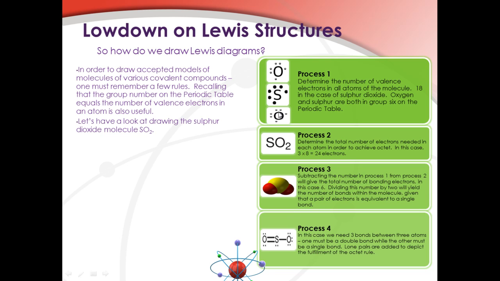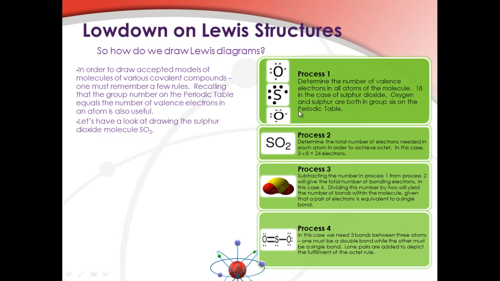So the first thing we need to remember is to determine the number of valence electrons in each of the atoms within the molecule. So there's one sulfur and there's two oxygen atoms, and both oxygen and sulfur are in group 6 of the periodic table, which means they all have 6 electrons in their outer shell. So adding up all these electrons gives a total of 18 electrons.